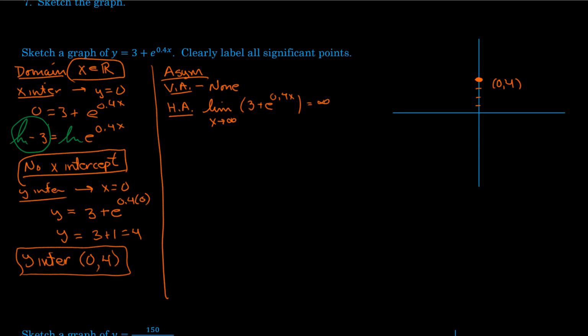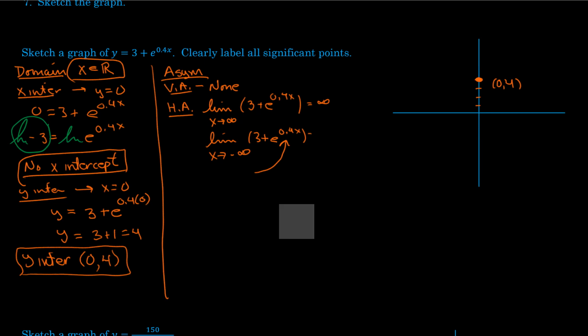However, when we look at the limit as x approaches negative infinity of 3 plus e to the 0.4x, be careful because we're putting in large negative numbers. As we put in large negative numbers, that's going to be 1 over e to some huge power. 1 over some huge number is 0.